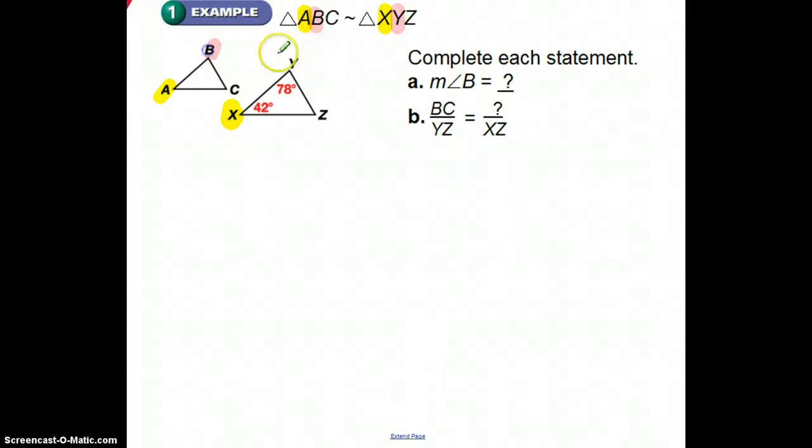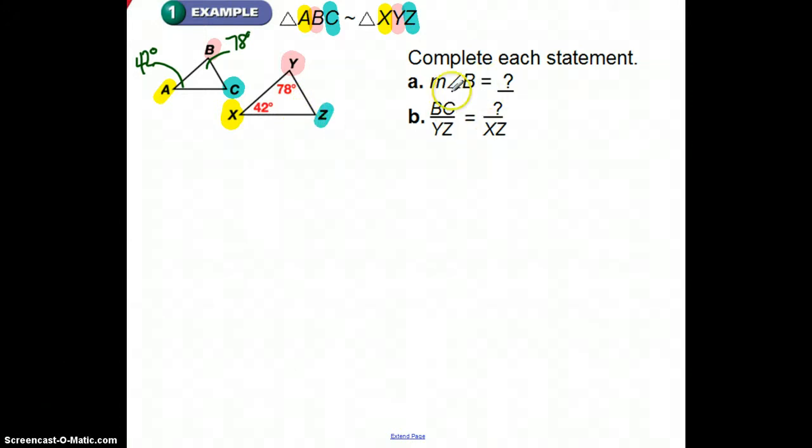B and Y. And then C and Z. That also means that A is going to have to be 42 degrees. So B is going to have to be 78 because they have to be congruent with the one in front of it. Now if I wanted to find C or Z, I could take 180 and subtract my 78 and 42, the other two angles, to find this third one. But so far it's not on my list to find.